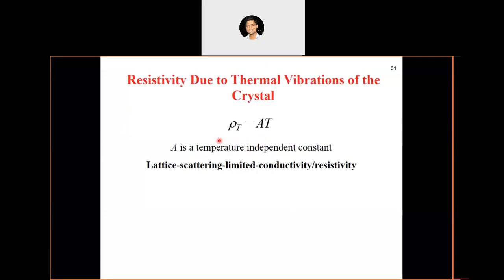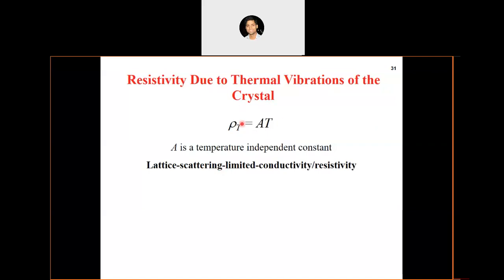That is why this temperature dependent resistivity is also known as lattice scattering limited conductivity or resistivity, because we are only considering the scattering events happening because of the atomic vibrations, which is the lattice.